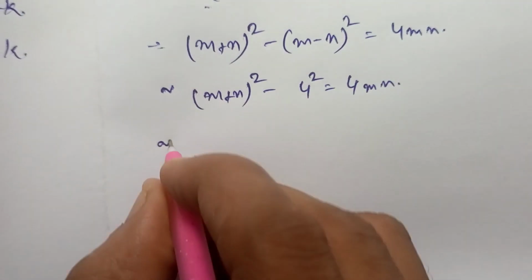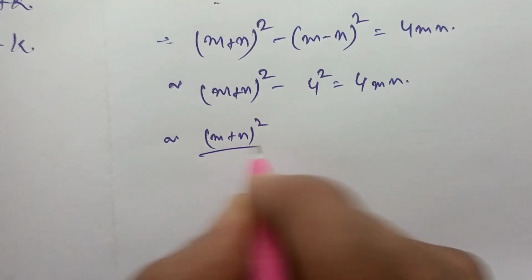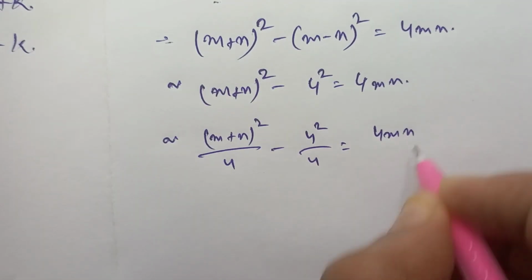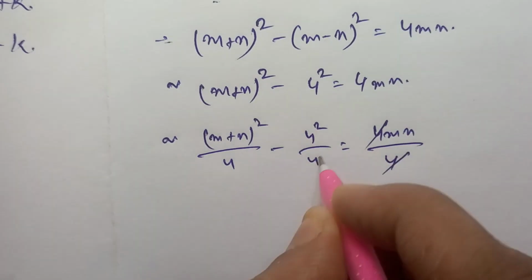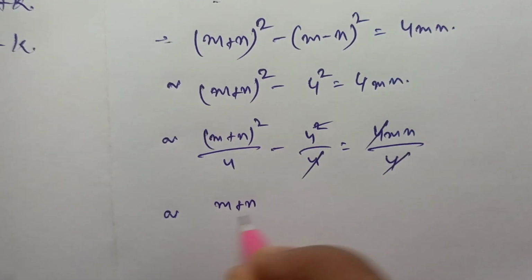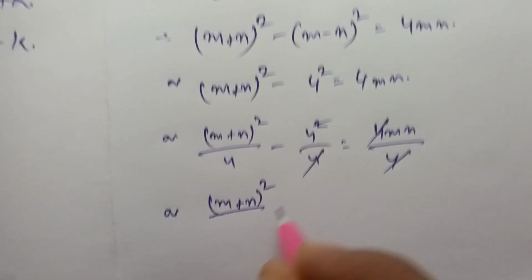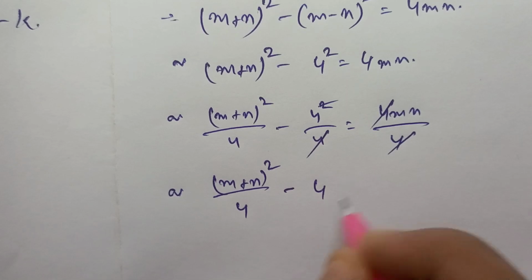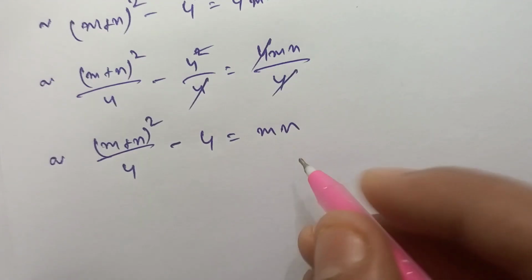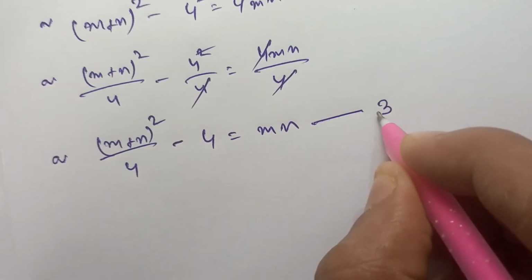From here in this equation we have to find the value of m into n. So just divide by 4 on both sides. The result is (m + n) whole square divided by 4, minus 4, is equal to m into n, and this is equation number 3.